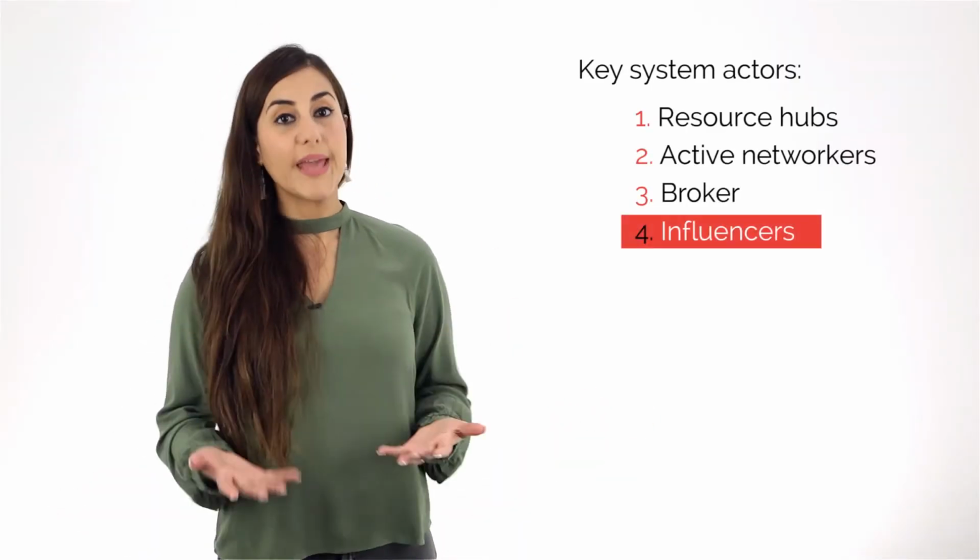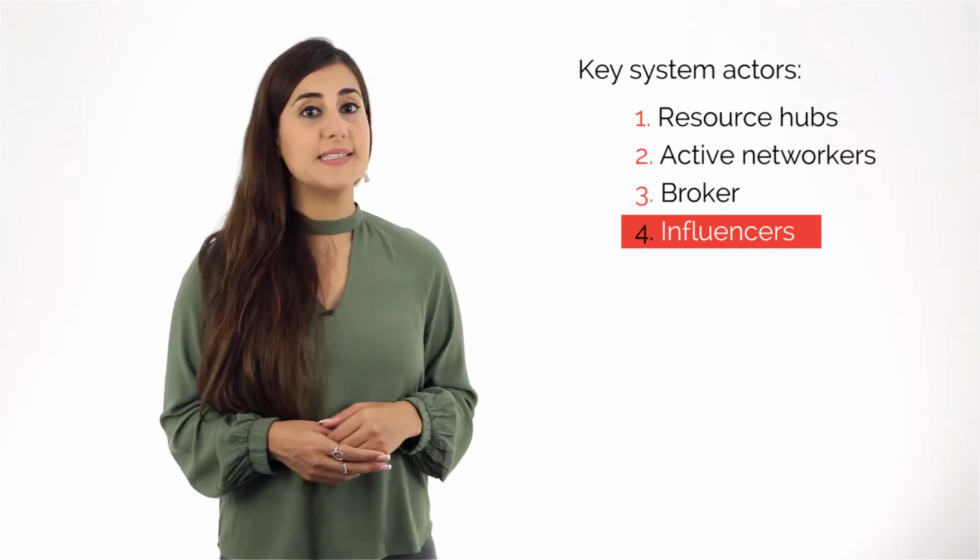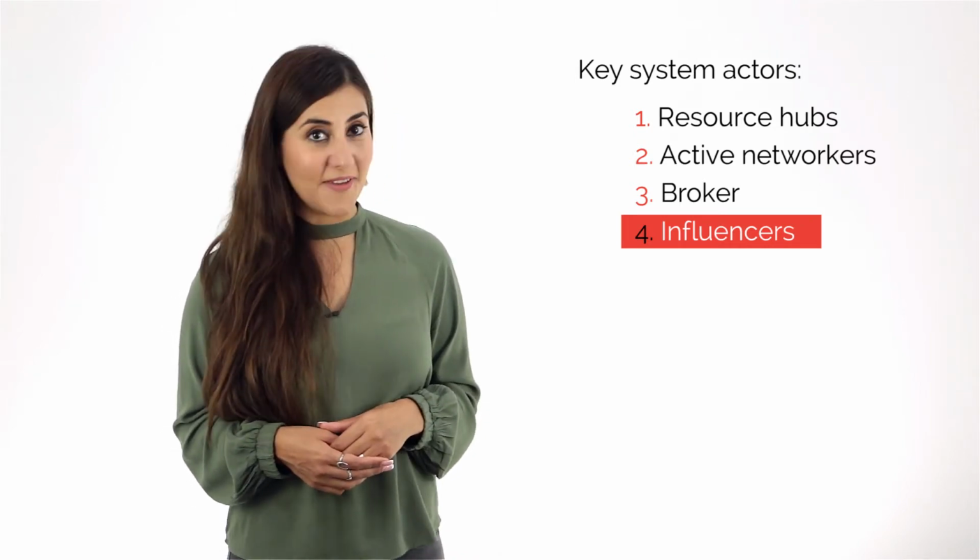Because of their prominent position, influencers have the potential power to shape an agenda, set or reset norms and expectations, or convince other organizations about the merits of a program or a new idea. That's logical. Okay, so far we've identified 4 key system actors. Can you remember the 5th?